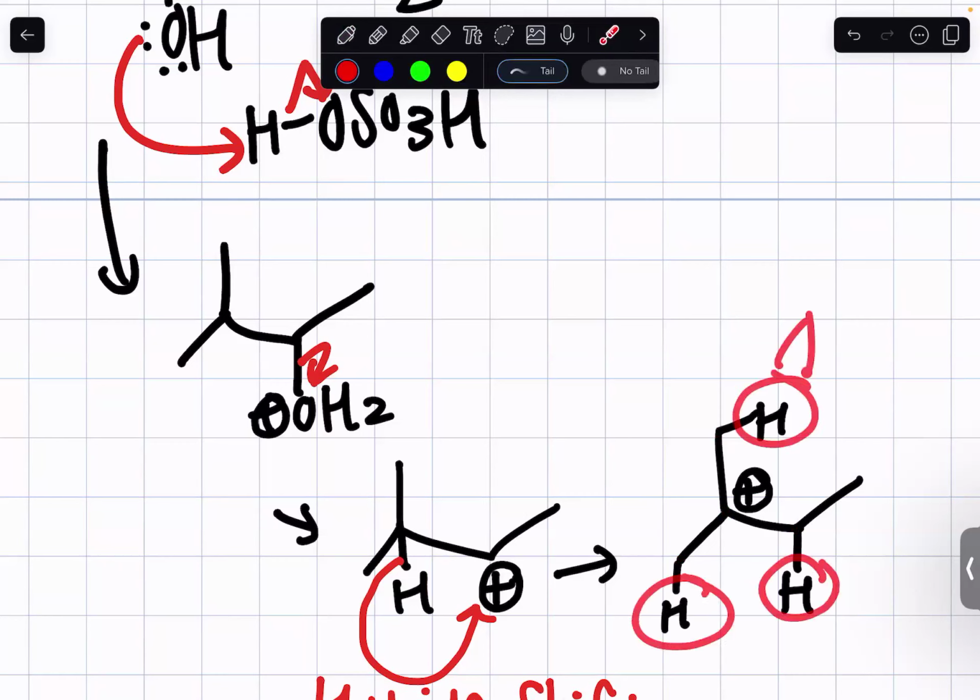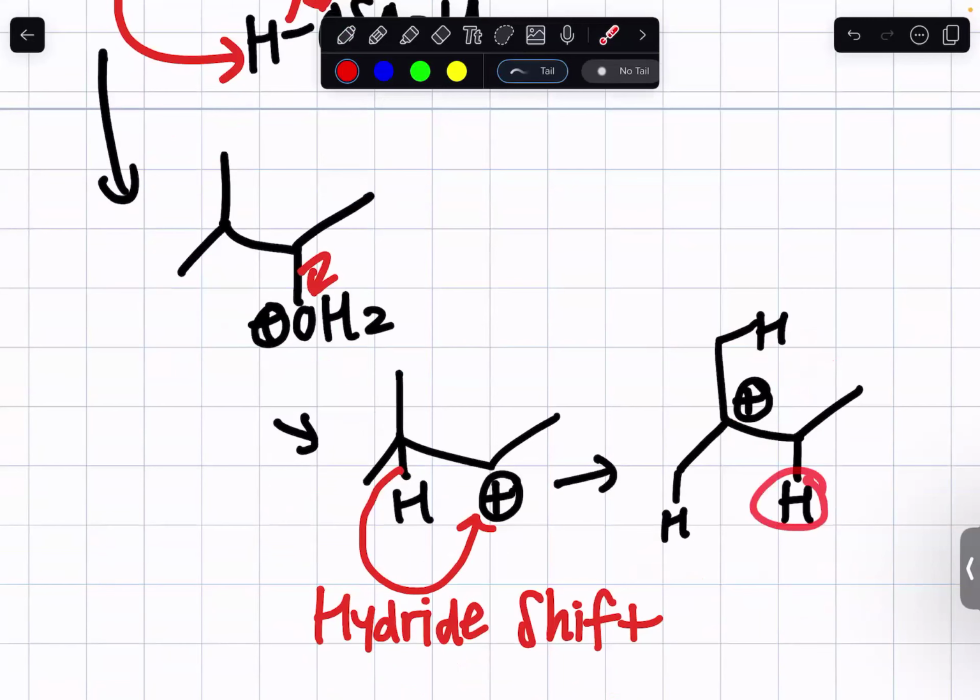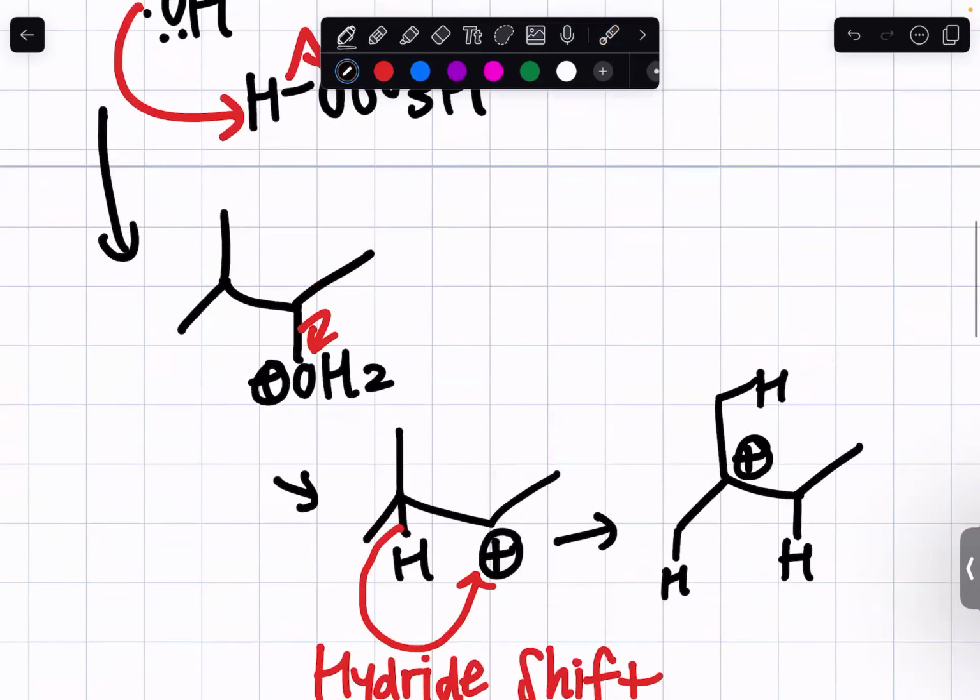Let's say this is A, B, C. Which beta hydrogen do you think is going to form the most stable double bond, the most substituted double bond? C, that's right. It would be this hydrogen here, because that would give us the most stable double bond.